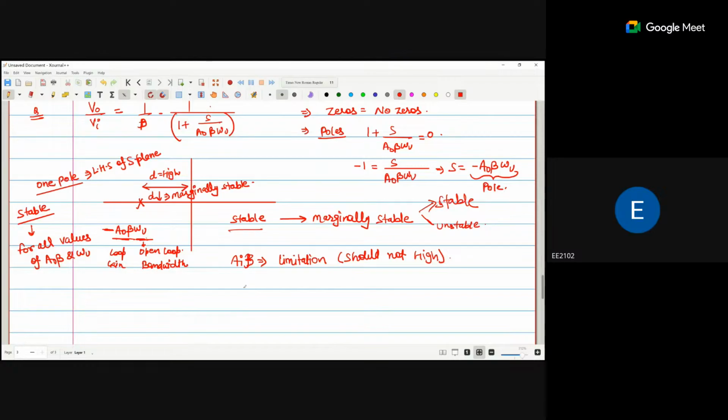Why? Because if A naught beta is high, your transfer function loop gain, that is A naught beta upon 1 plus s upon omega u, will be high.